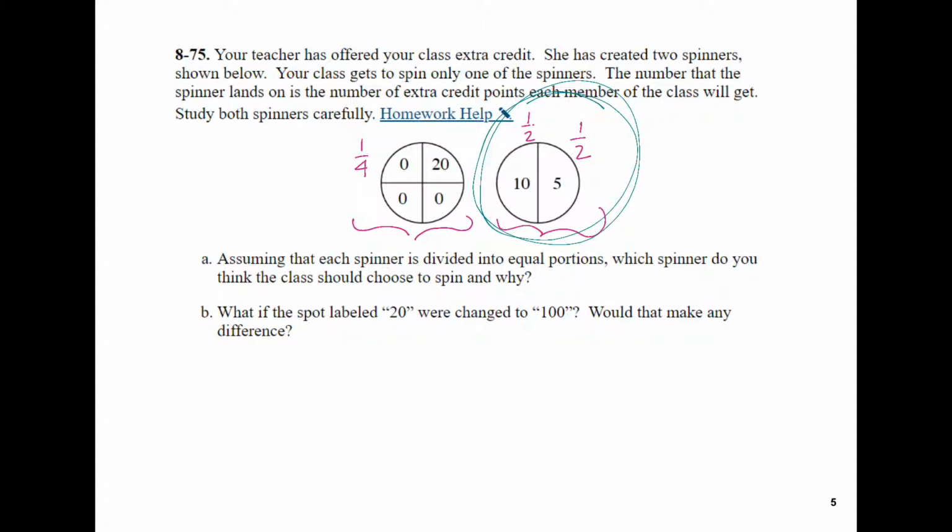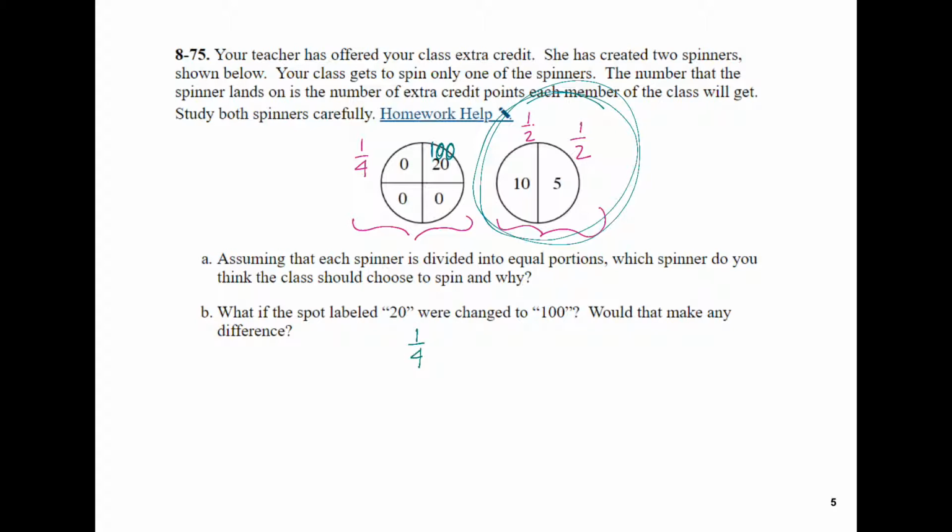If we change the 20 to a 100, would that make a difference? So looking at this, we would still have a 1 in 4 chance to hit the 100. So we would get 100 extra credit points again, 1/4 of the time.